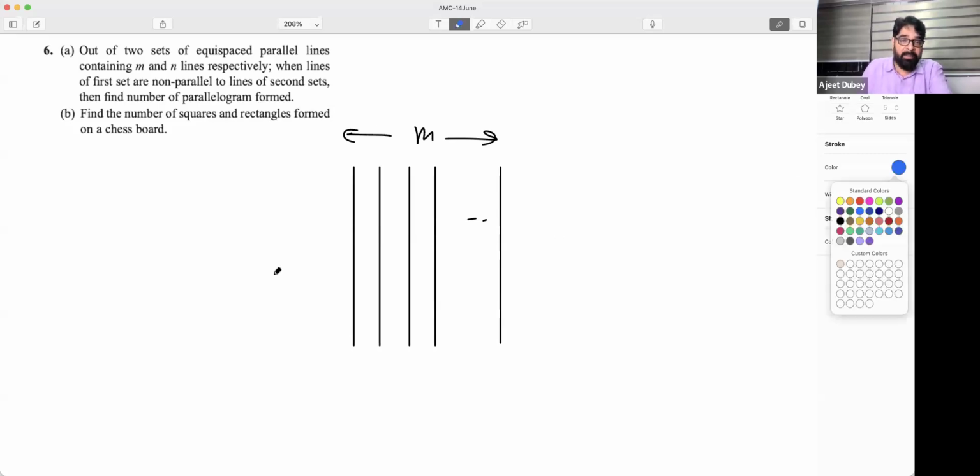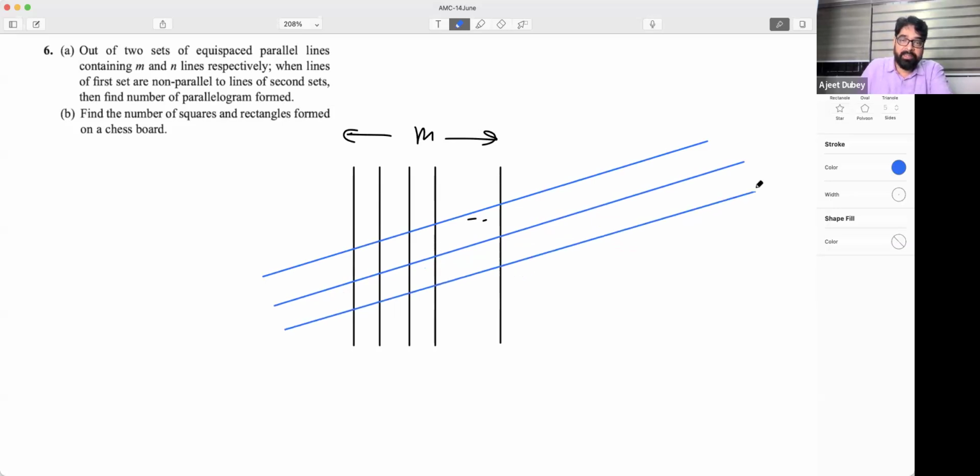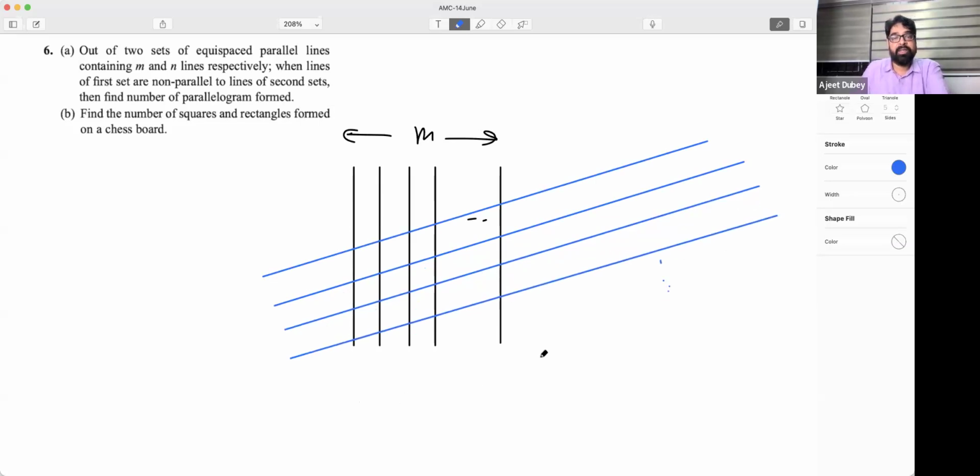And there is another set of n parallel lines, like this. Be clear, a line means there is no starting and end point.